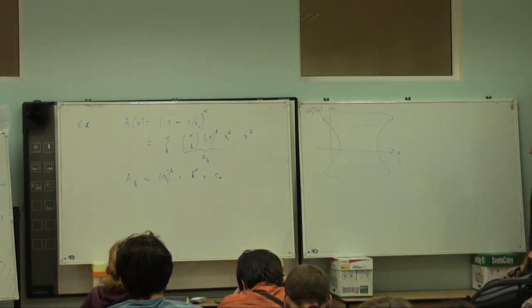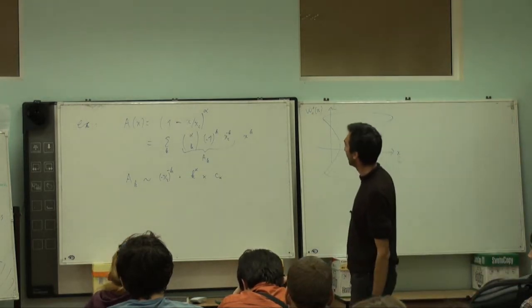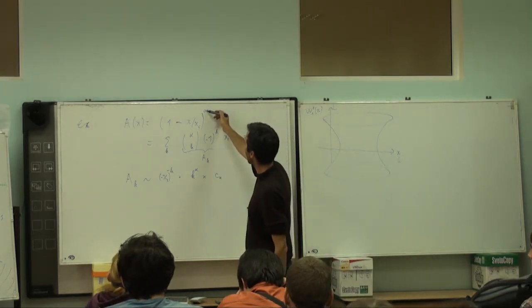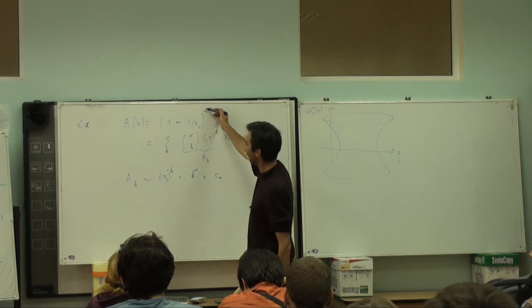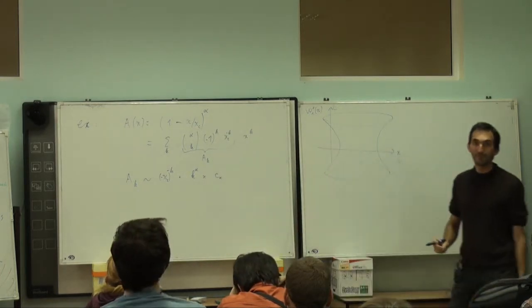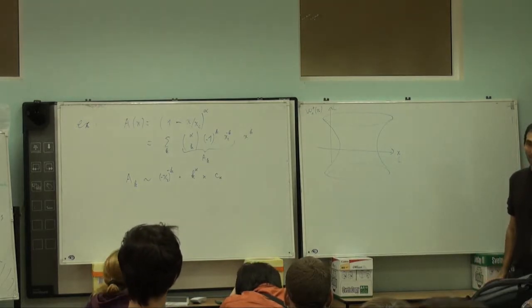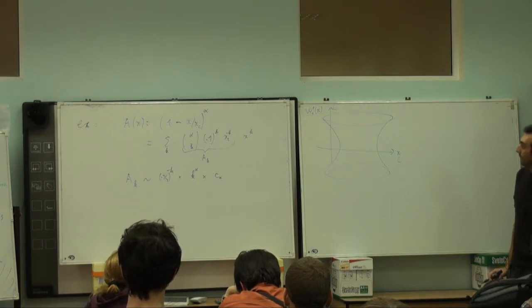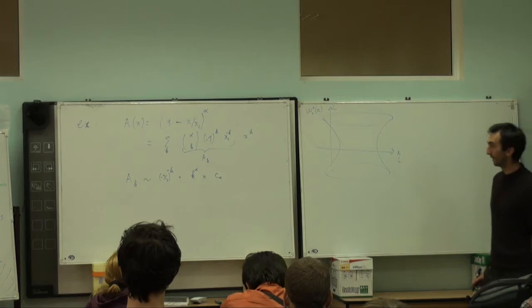So you see that typically when there is an algebraic singularity, the large order behavior behaves like a power law. And this is kind of generic.